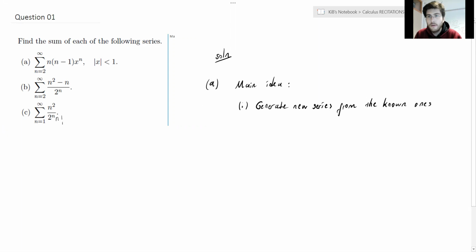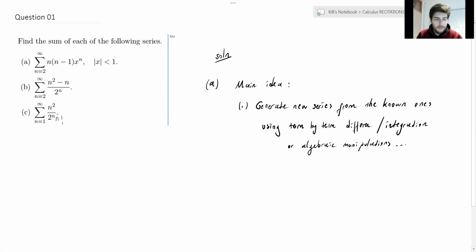As I said, how? So basically using, for instance, term by term differentiation or integration or maybe certain algebraic manipulations. Okay, etc. So this will be our main idea.